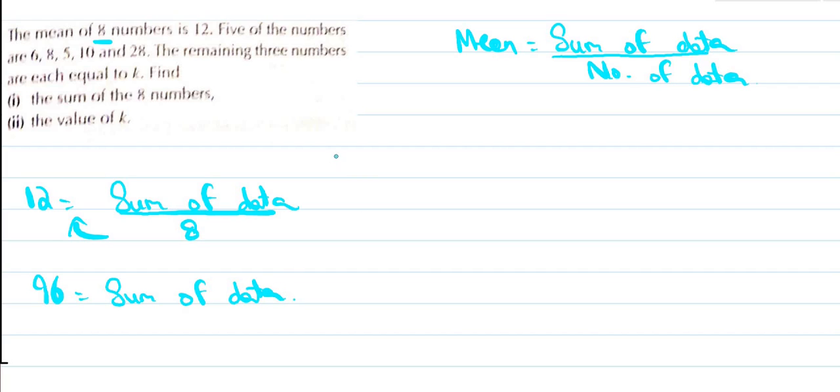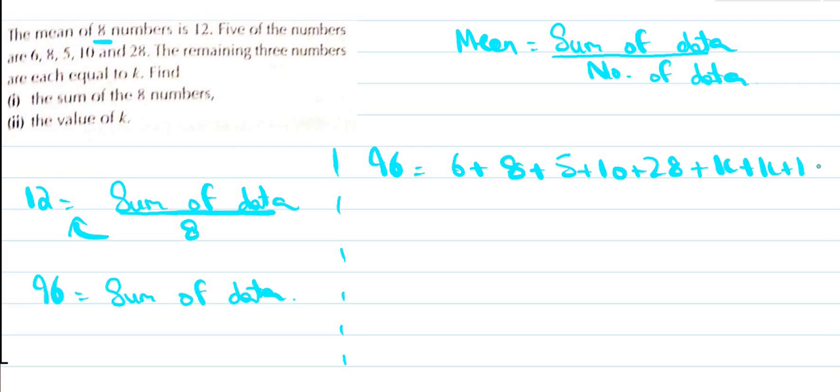Let's move on to part 2 and find the value of k. You already know the sum of data is 96. Now 96 is equal to adding all the numbers up. What are the numbers? 6 plus 8 plus 5 plus 10 plus 28. These are 5 numbers and the remaining 3 numbers are k, therefore k plus k plus k.